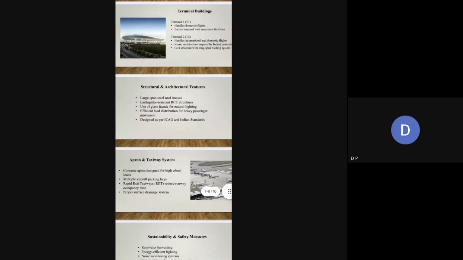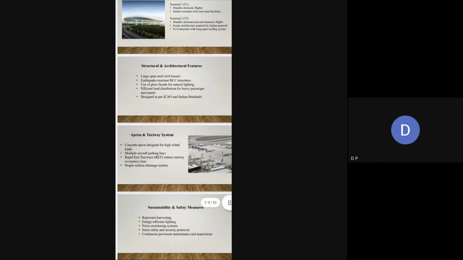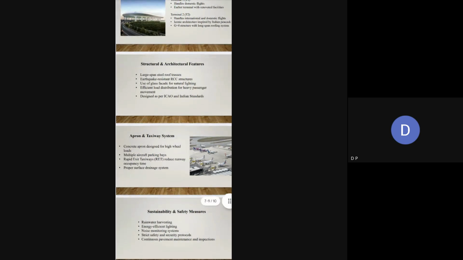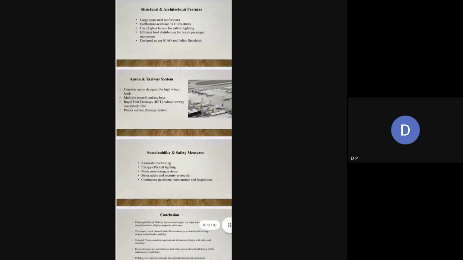Structural and architectural features: large span steel roof trusses, earthquake resistant RCC structures, use of glass for natural lighting, efficient load distribution for heavy passenger movement, design as per ICAO and Indian standards.